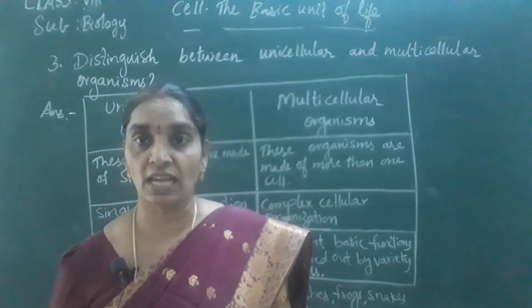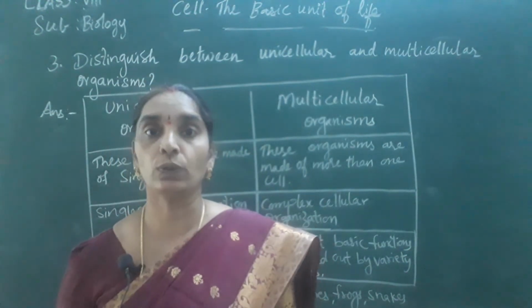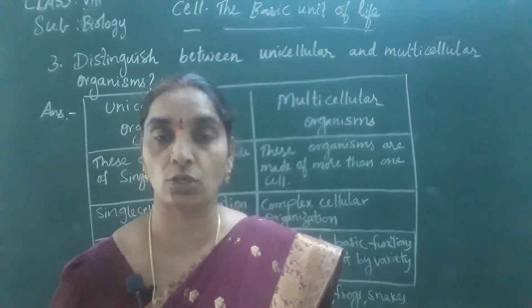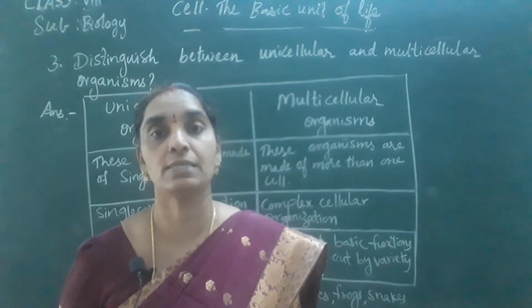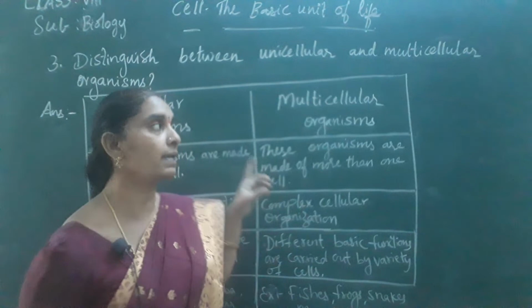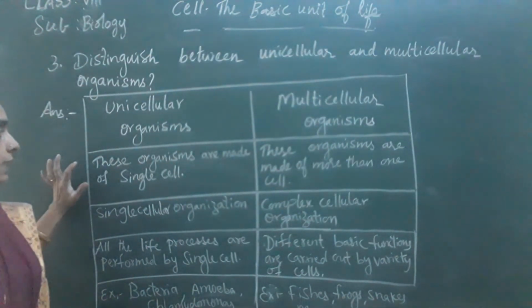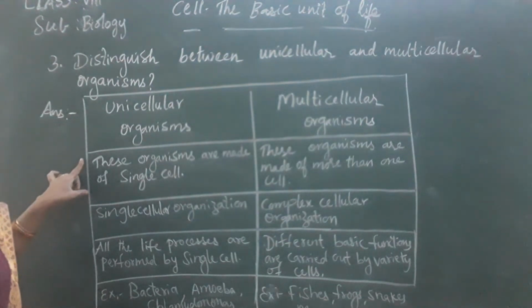So all the life processes like taking in food, digestion, respiration, reproduction, growth are performed by different cells in multicellular organisms, and all these life processes are performed by a single cell in unicellular organisms. You can find out the answer again and write neatly in your notebooks, children.